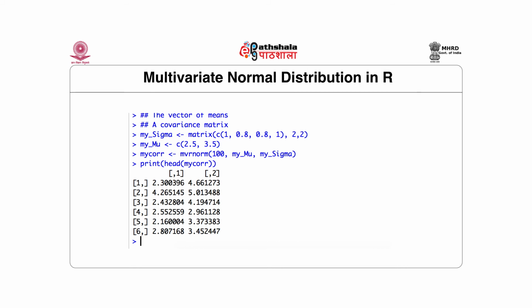And then what you do is you use the mvrnorm function, multivariate normal data, to generate as many data points as you want. Here we opted for 100. You could have opted for 1,000.